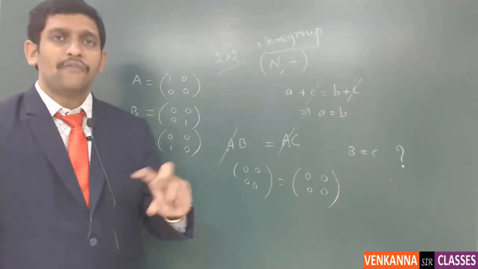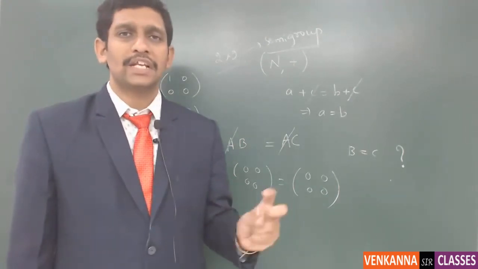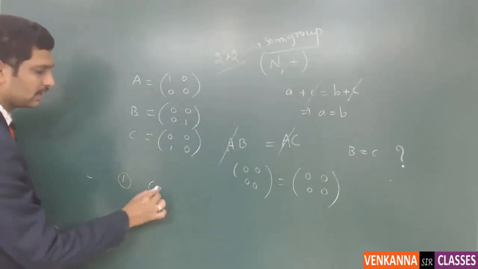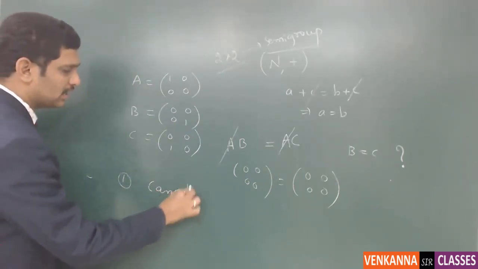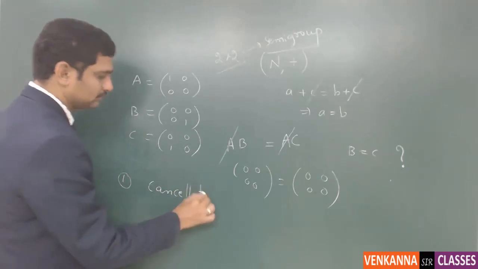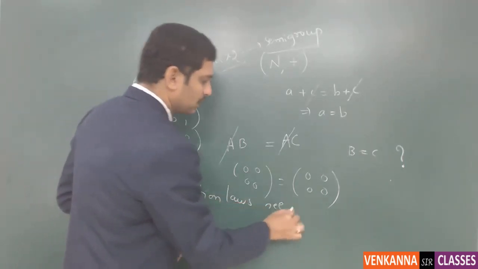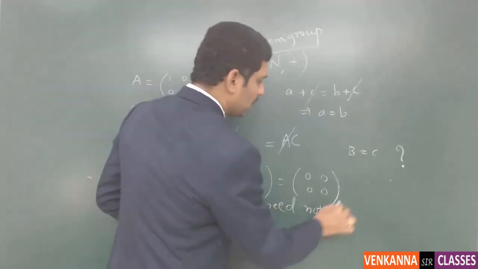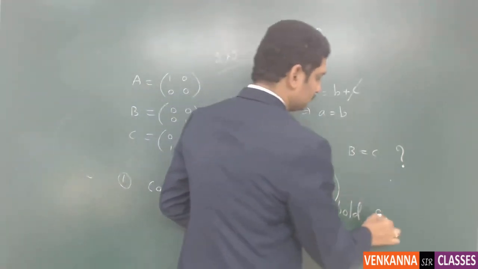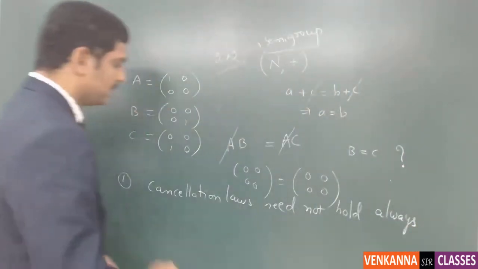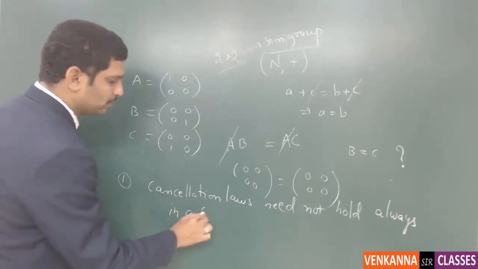So, after these examples, we can understand two points. First, cancellation laws do not hold always in a semi-group.